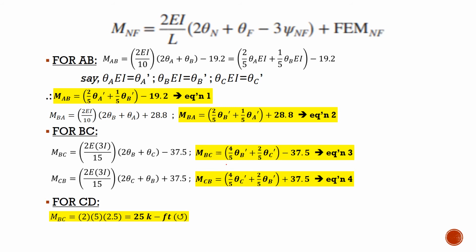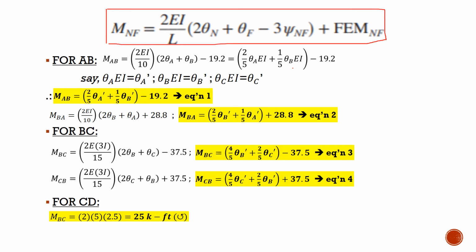Now that we have the fixed end moments, we will be using the slope deflection equation. For segment AB, the moment near far, M AB, equals 2EI over the length, times 2 theta near, which is theta A, plus theta far, which is theta B. Then minus the settlement term, which is 0, because these are unyielding supports.